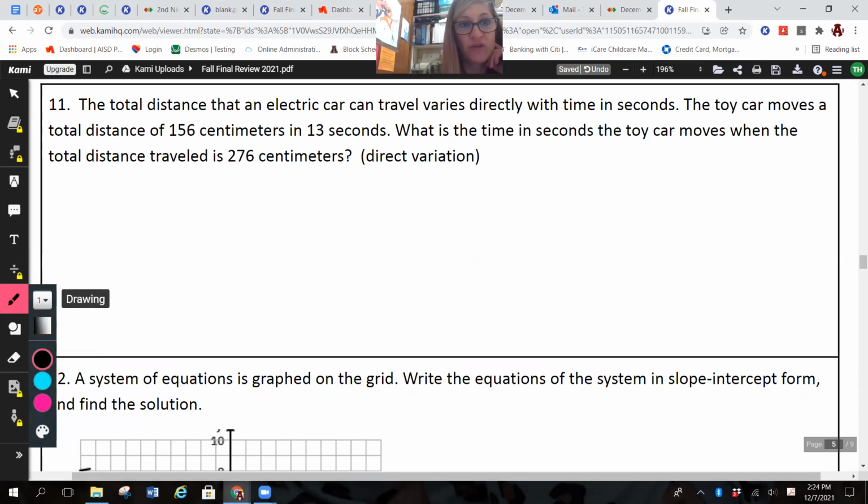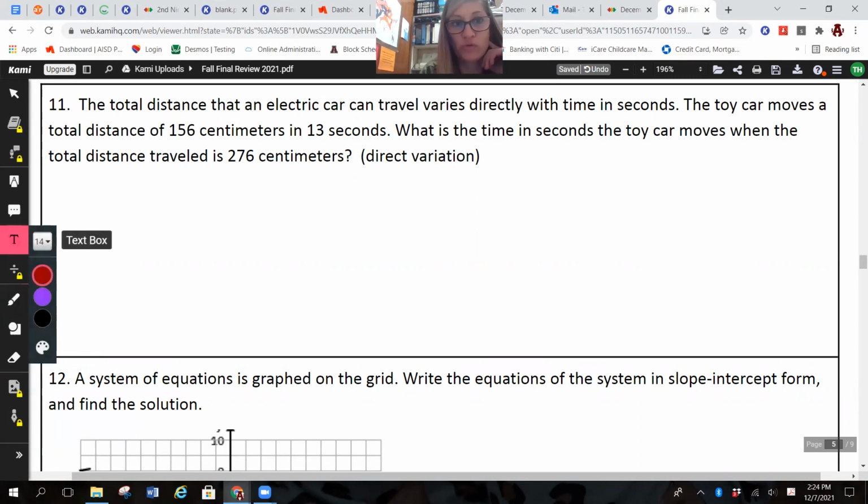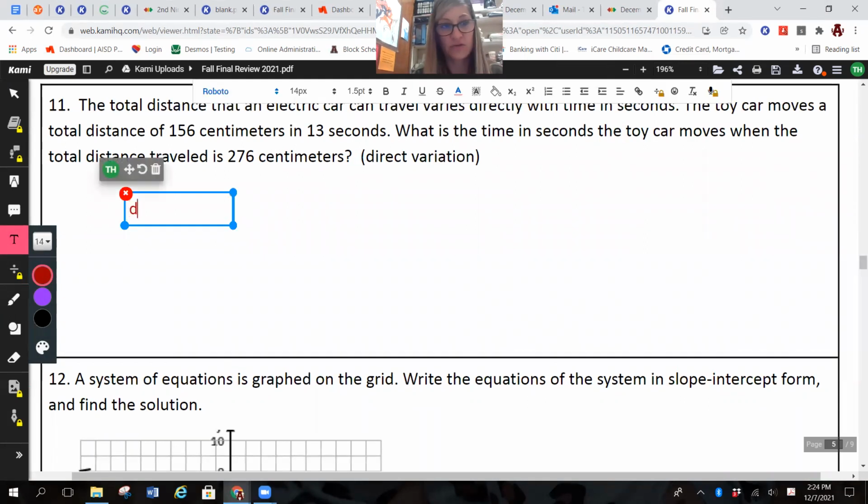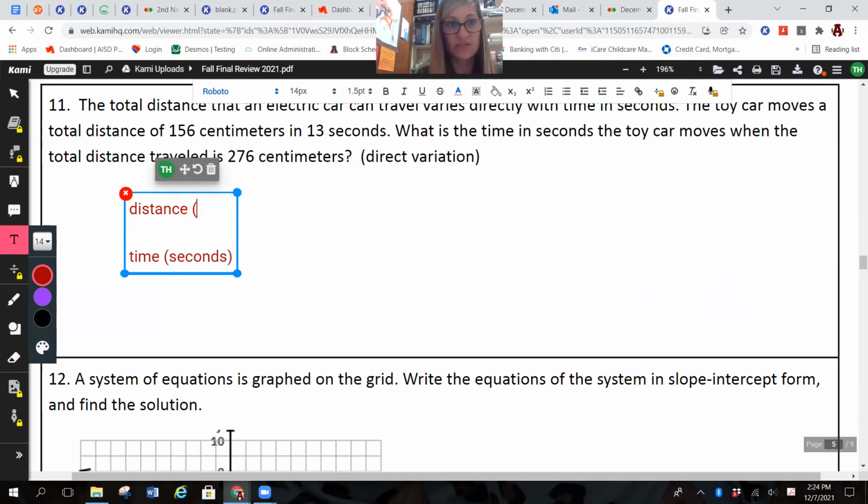Okay, so we've got direct variation. We've got the total distance that an electric car can travel varies directly with time. So distance varies directly with time. What was time in? Seconds. What was distance in? Centimeters.